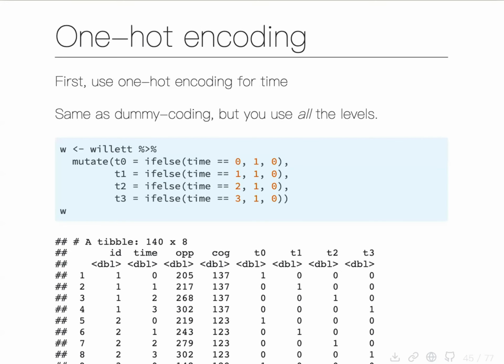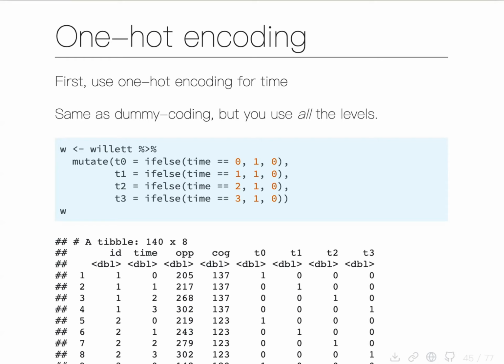So if we wanted to do this for the data that has time points, we would use what's called one-hot encoding. And this is exactly the same as dummy coding, except you use all the levels. That might seem strange because it's like, how can it estimate all of them?